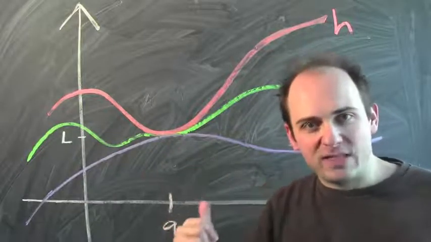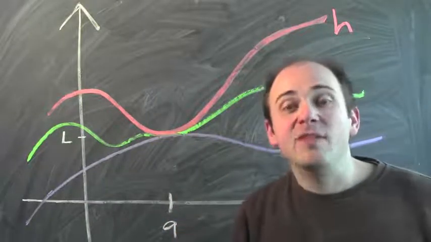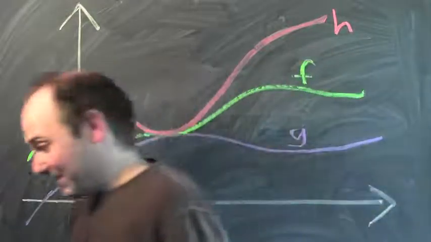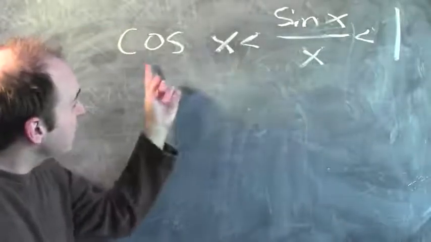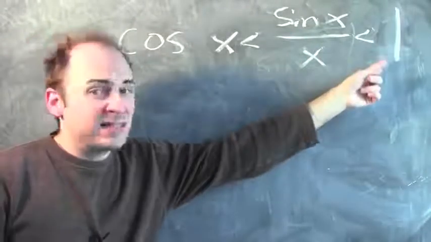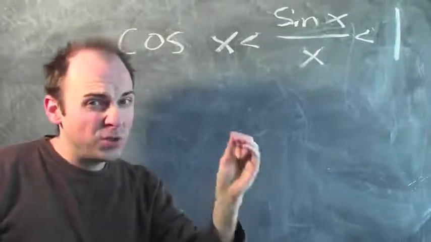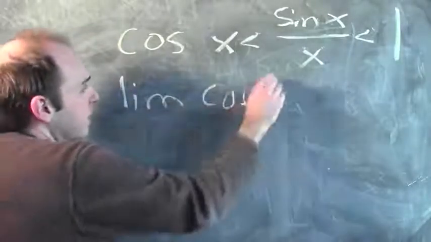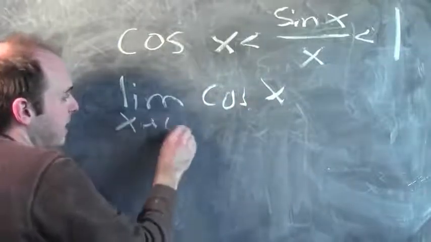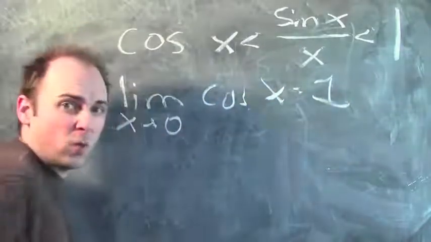Now we're going to use the squeeze theorem to try to understand the limit of sine x over x. So we've got the squeeze theorem. And what do I know? I know that cosine x is less than sine x over x is less than 1 for values of x that are close to but not equal to 0. And the limit of cosine x as x approaches 0 is equal to 1.